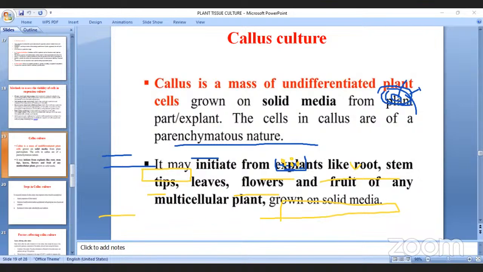Types, okay, clear. Culture of the protoplast, clear. Mechanical completed, enzymatic completed, culture of protoplast okay.